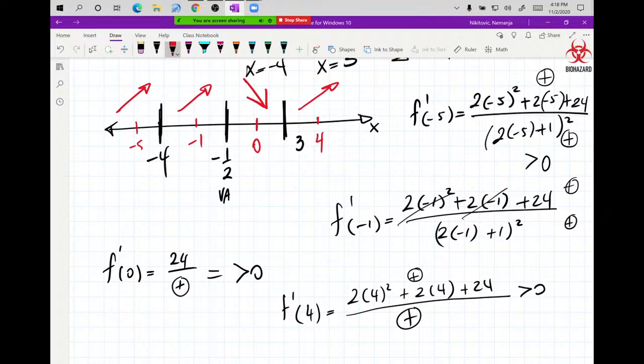Now, that is a positive. Is f prime of 0 greater than 0 or less than 0? Because you said that it's greater than 0, but then in the chart it's pointing down. No, it's pointing up. No, for 0. Oh, for 0.